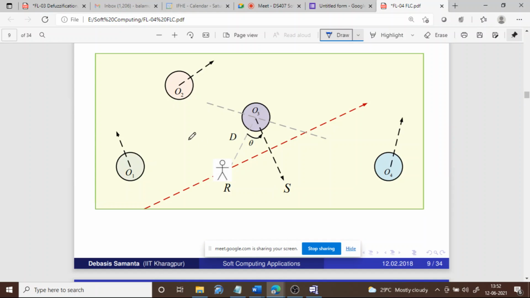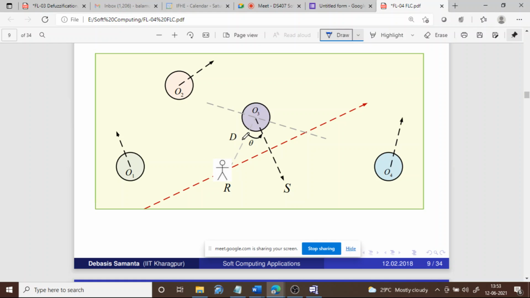So this is the robot. Apart from the robot, there are four moving objects. They can move in any direction, and the robot can also move in any direction, but the robot should not hit any of these moving objects. Here we consider two parameters.